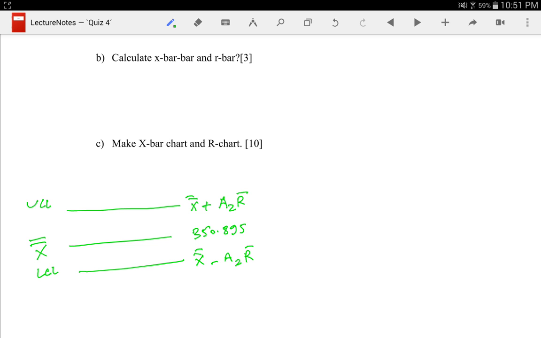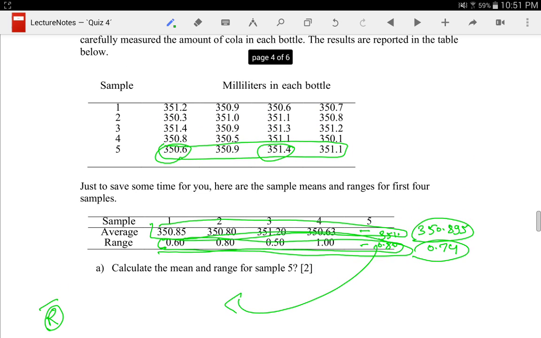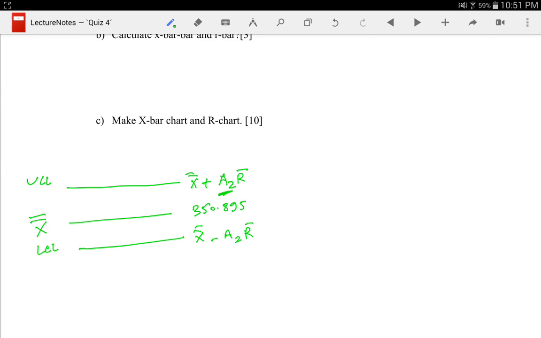Well, the value that's missing is A2. A2 comes from n equals 4 because we have used 4 items in each sample. A2 for n equals 4 is 0.729.